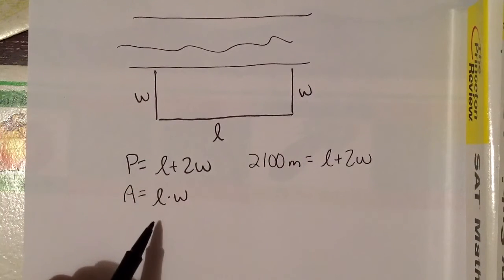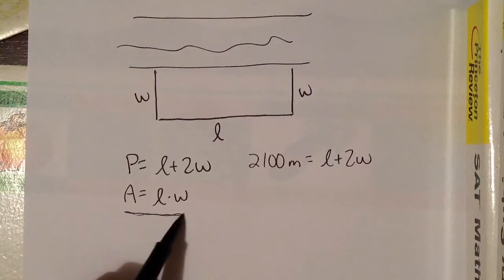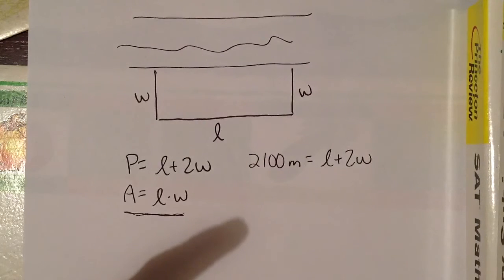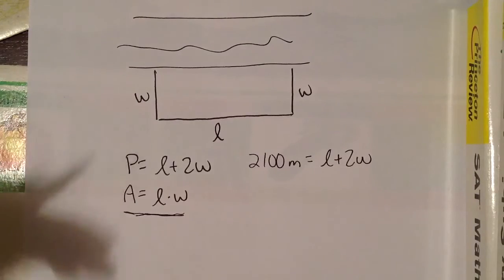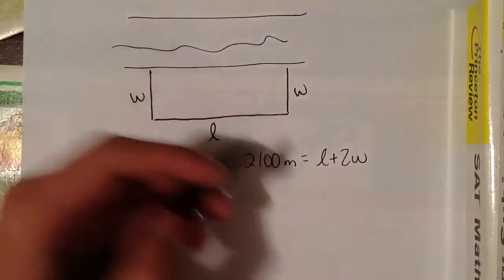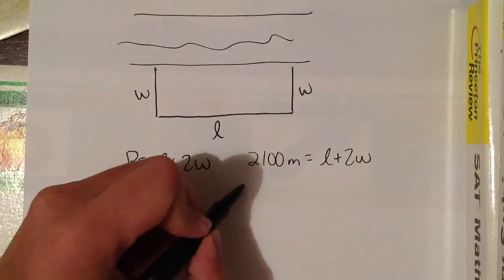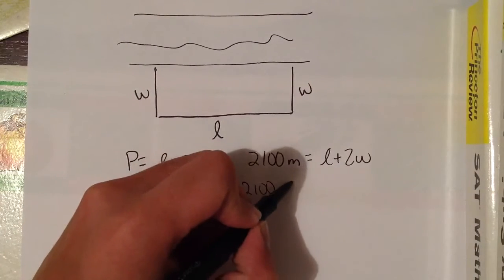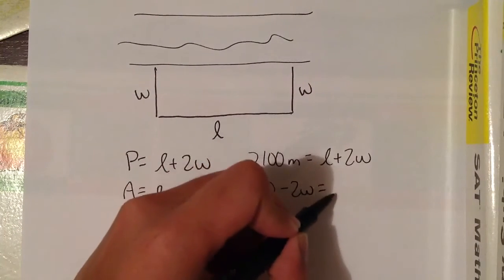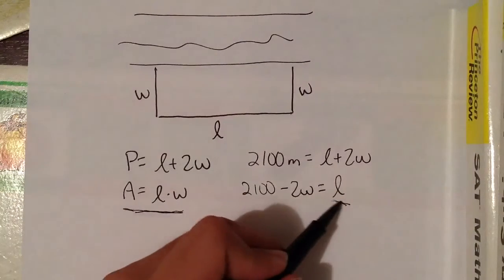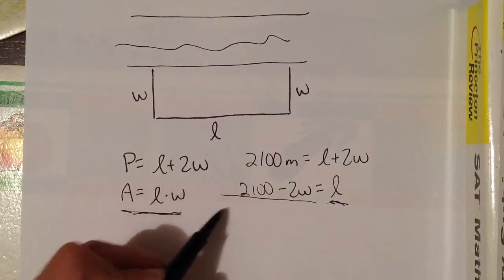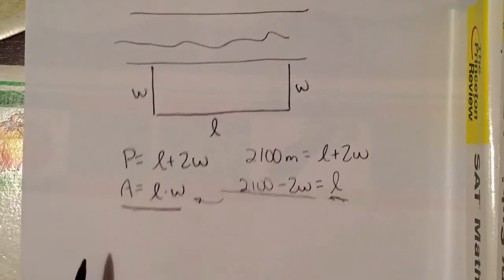So in order to differentiate this, we need to have one variable only. So we're going to solve for L in this one. So 2100 minus 2W equals L. Now that's L. This we will plug into this equation.